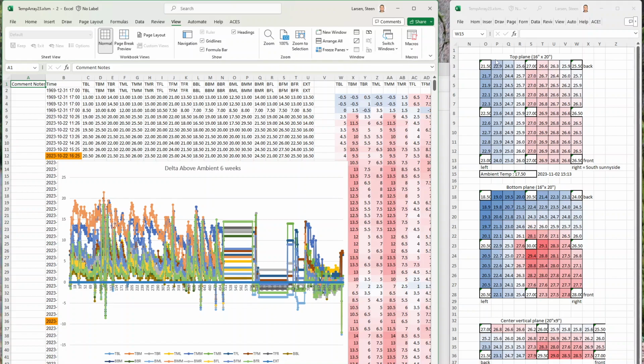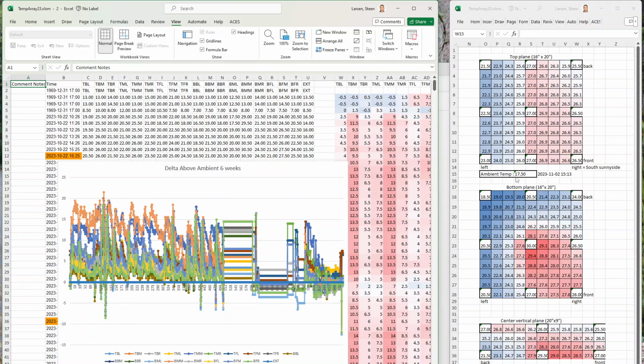Each of these cells is roughly a square inch. These are typical lengths throughout a hive, 16 inches wide by 20 inches long. So that's why I have a little more numbers interpolating between the vertical and the horizontal.